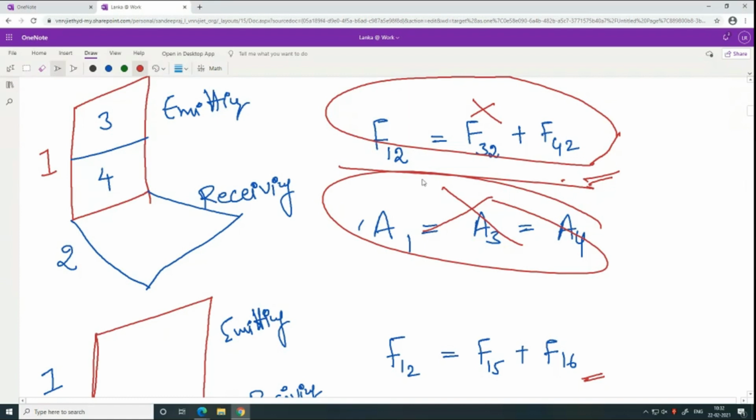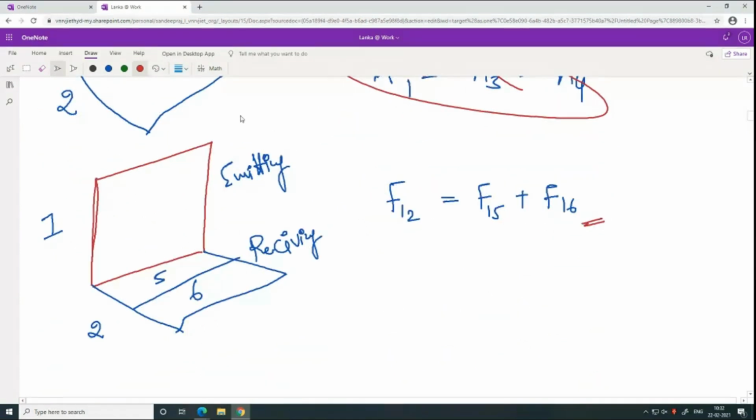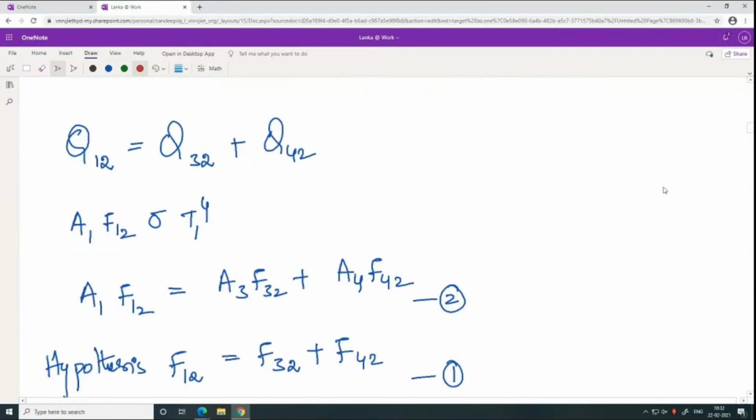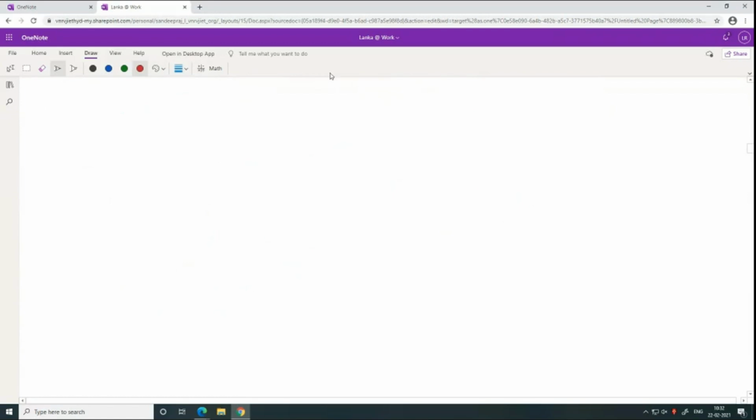Then, how about the second case? If I divide the receiving body into two parts, whether this hypothesis is right or wrong, let us cross check. For the same thing, what I will do is I will take Q12 equal to Q15 plus Q16.